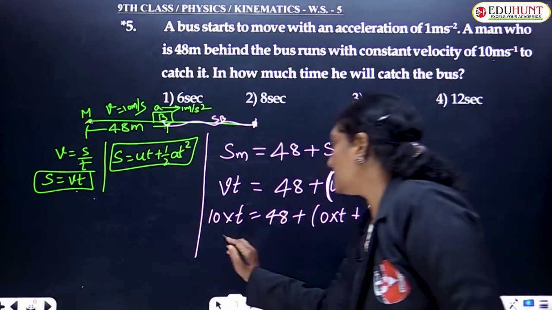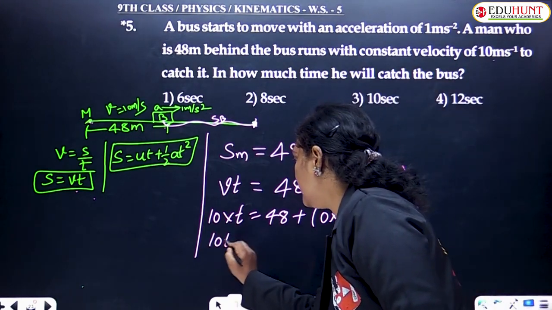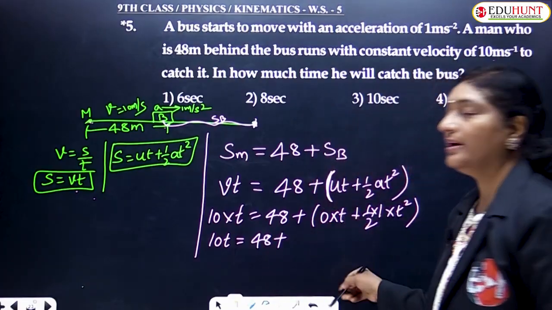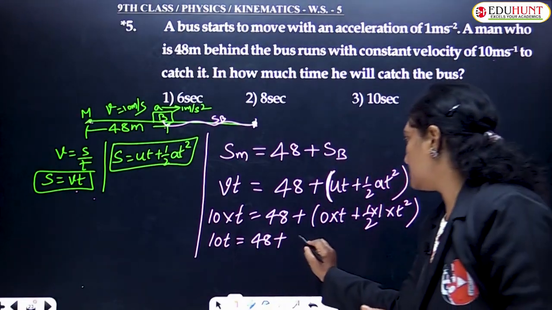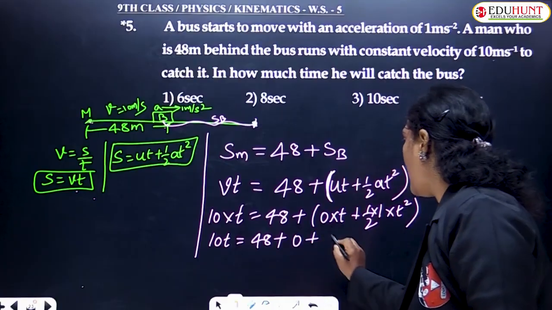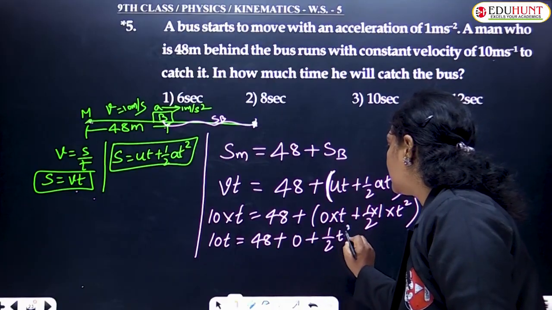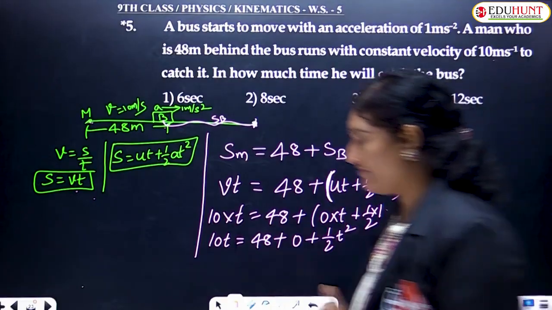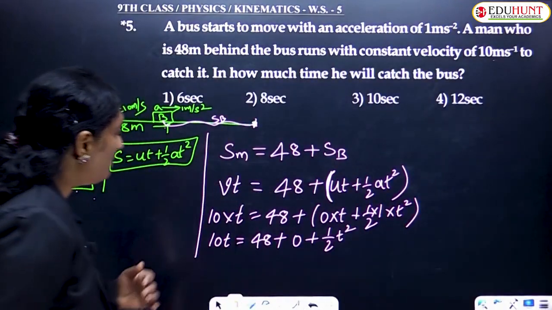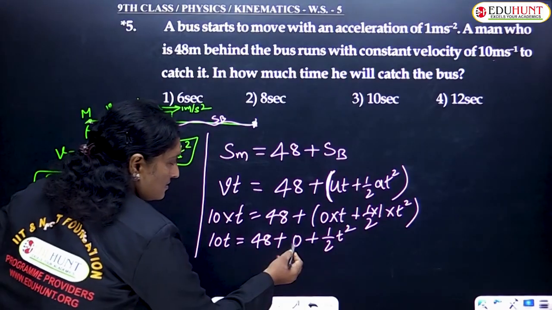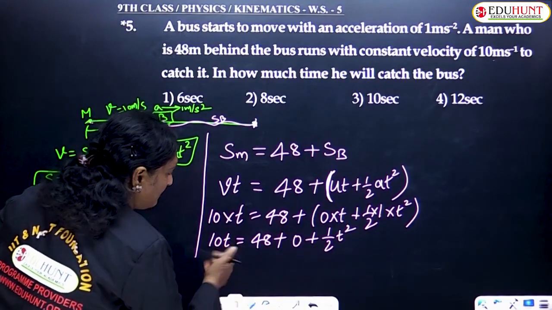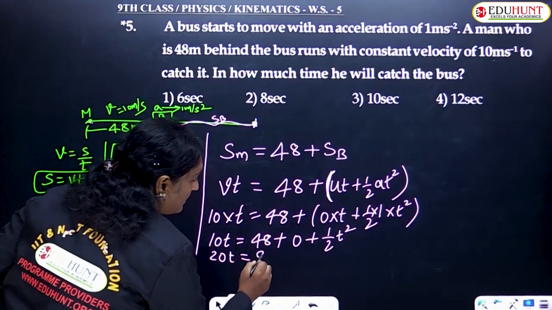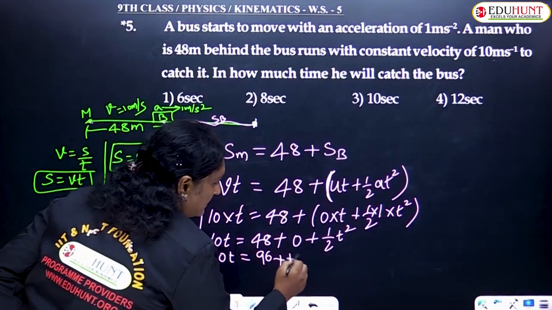So 10 into t can be written as 10t equals 48 plus 0 into anything is 0. So this is 0 plus half t square. Okay, children. So taking the LCM and simplifying it, how much are you getting? So 0 just ignore, multiply throughout with t, 20t equals 96 plus t square.